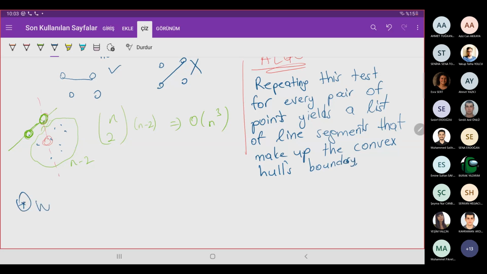Okay. What is the efficiency of this algorithm?